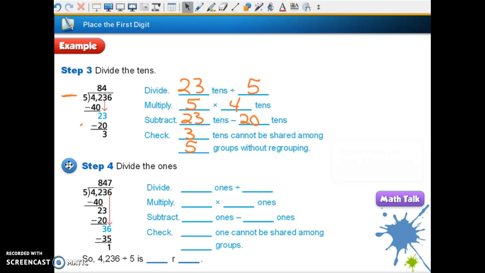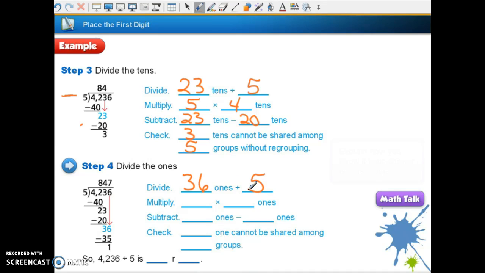Divide the ones. Okay? So now we subtracted and got 3, and we brought down our 6. How many 5s in 36? 7. So divide 36 ones divided by 5.